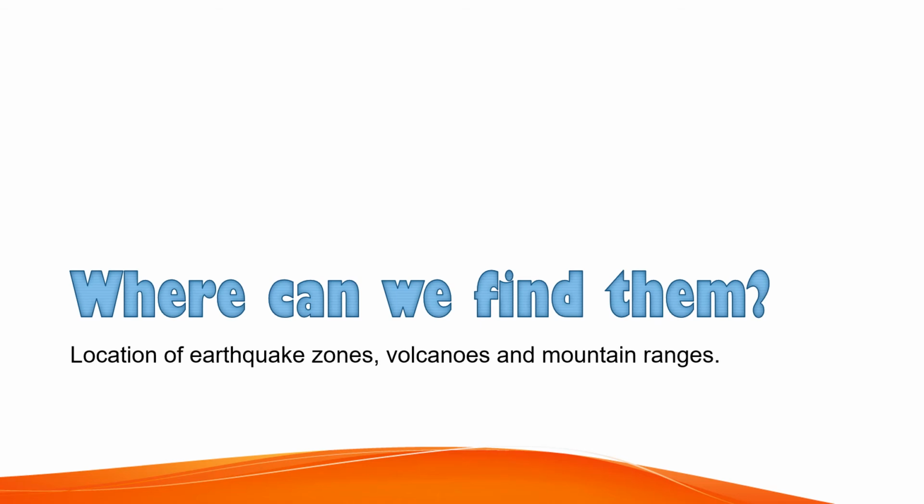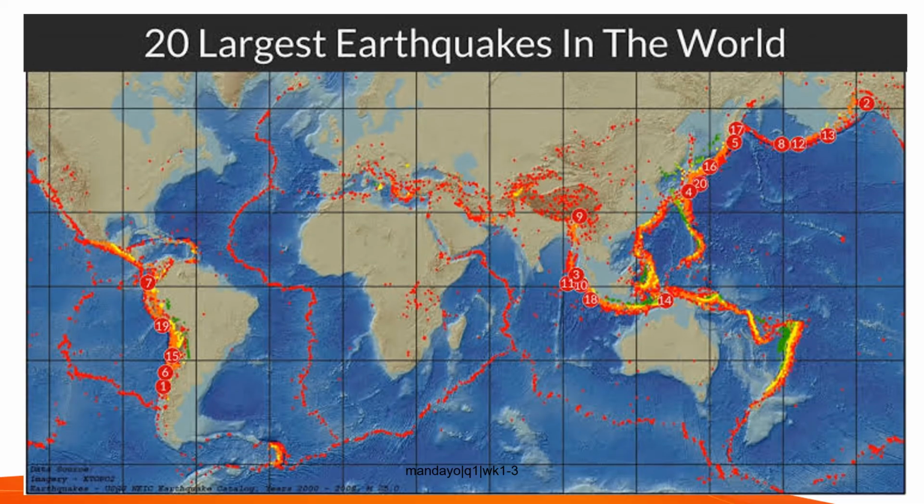Now, let us locate the earthquake zones, volcanoes, and mountain ranges. Where can we find them? Let us take a look at this map of the 20 largest earthquakes in the world. Illustrated in the red dots in this map are the locations where earthquakes have occurred from 2000 to 2009.